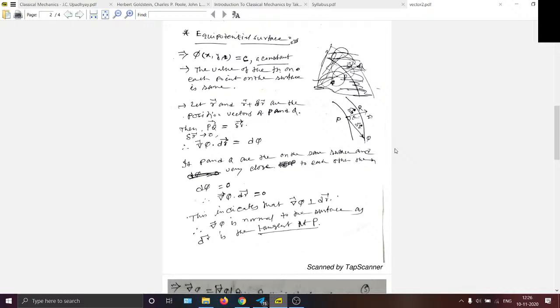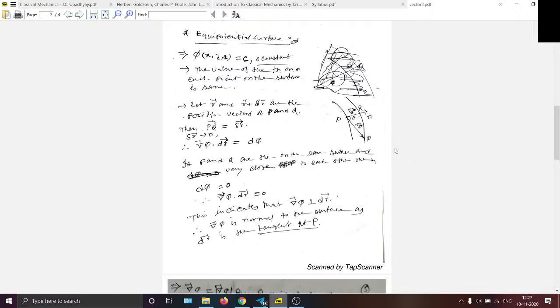So now, as I said, if you approach Q to P, it will be along the tangent, and grad phi dot dr is equal to 0 indicates that grad phi and dr are perpendicular to each other, and dr is the tangent. So that means grad phi is the normal to the surface at P, right?